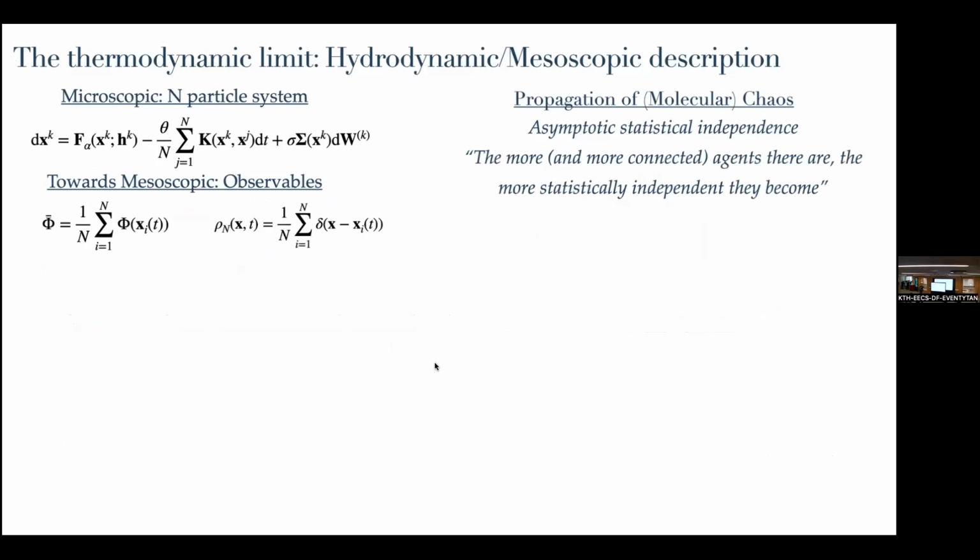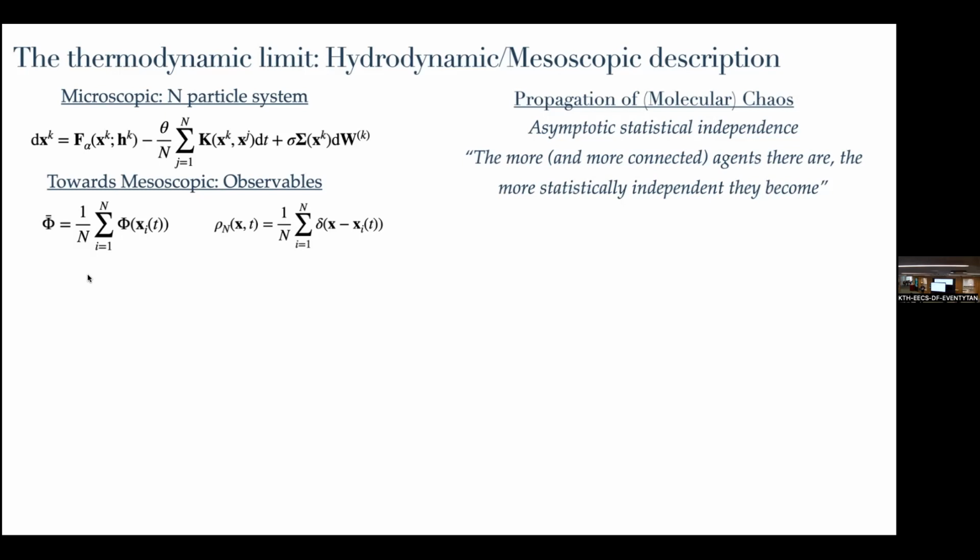If you think of the n-particle system as being microscopic, you can think that you have very little hope to actually study each trajectory of the ensemble of agents. But maybe you hope that you can find a closed description for mesoscopic observables. So you take some mean field observables of the system, and you hope that you can write a closed equation for them.